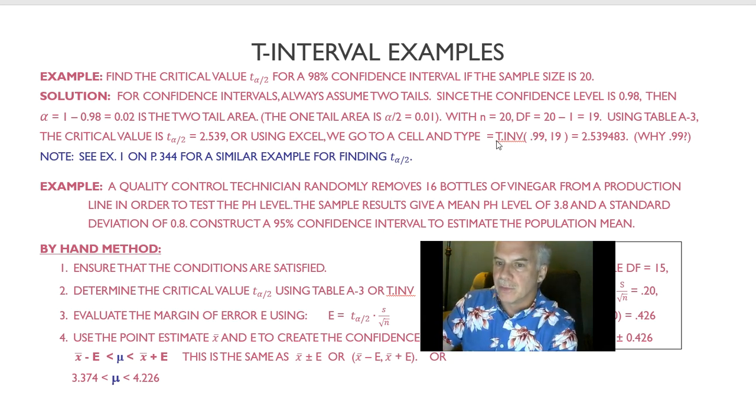So if you use the command t.inv 0.99, 19, because 19 is your degrees of freedom, that will give you the same value as you find in the table, although it gives a little bit more precision. You can look at example 1 on page 344 for a similar example for finding a T critical value.